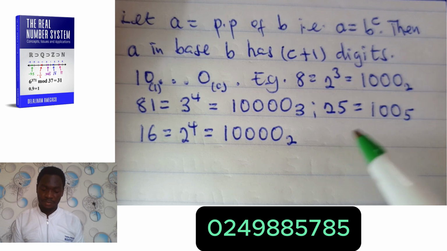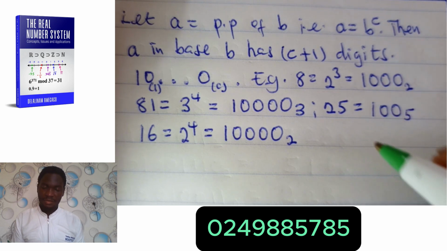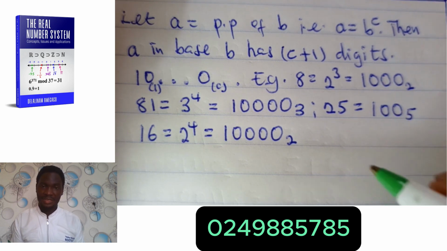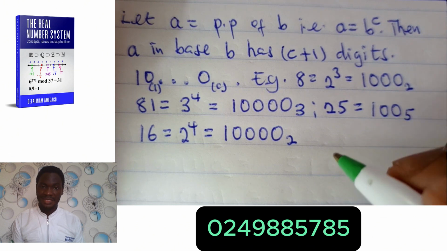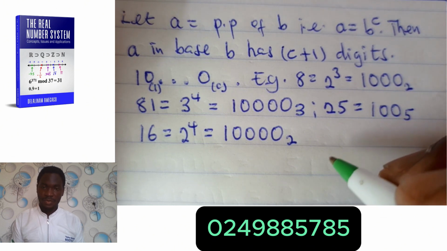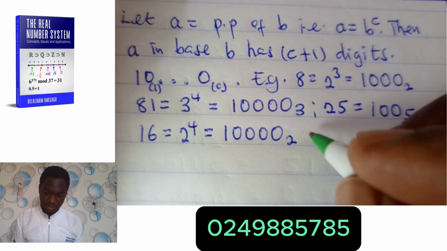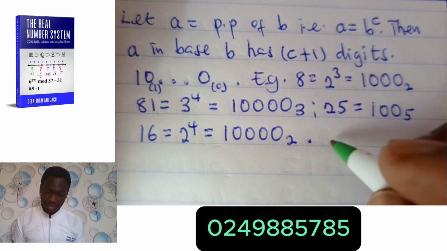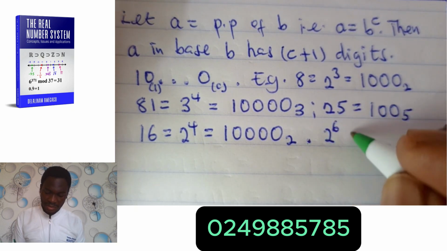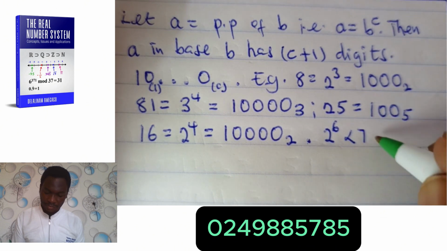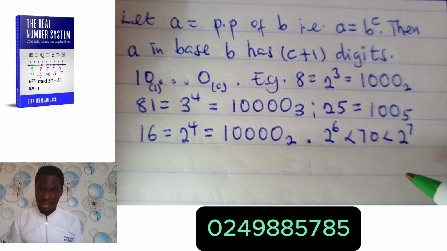For example, if you are asked to find the number of digits if 70 is expressed in base 2, that is not a problem. We know that 2 exponent 6 is less than 70, and 70 is less than 2 exponent 7.